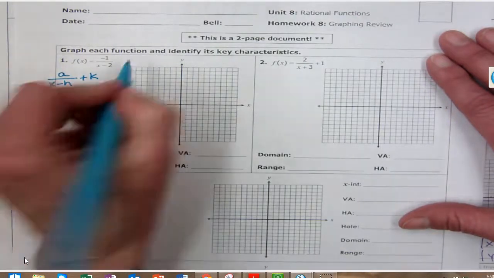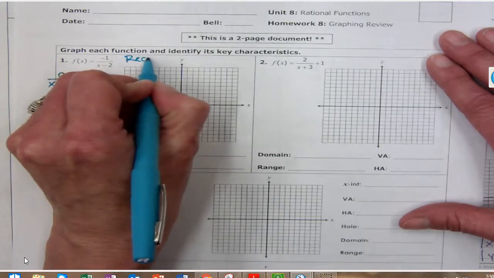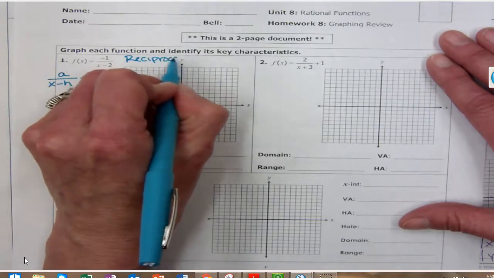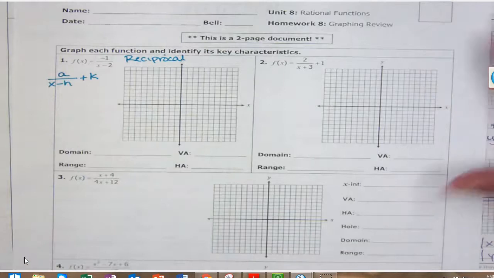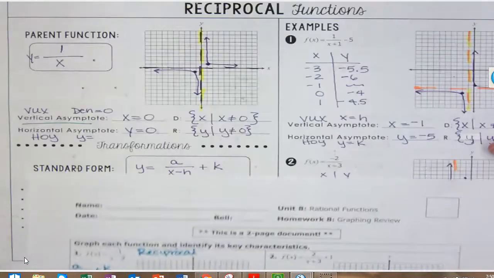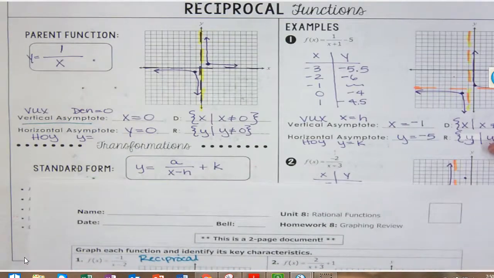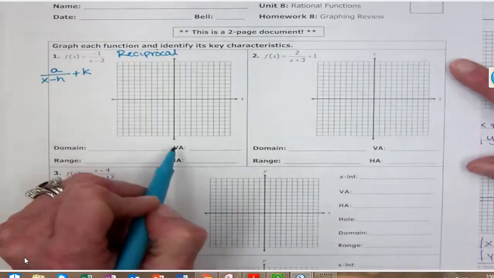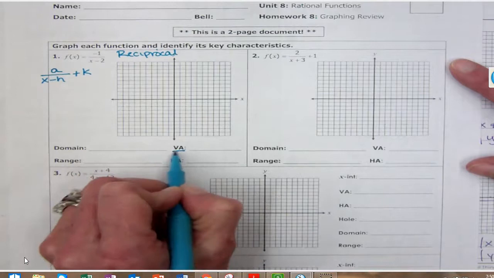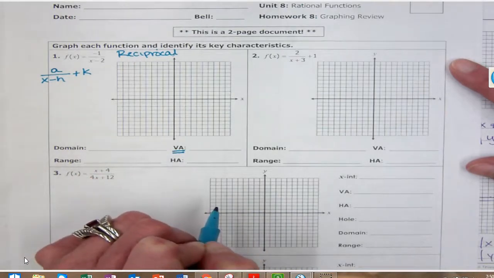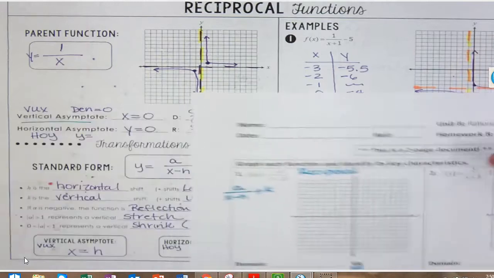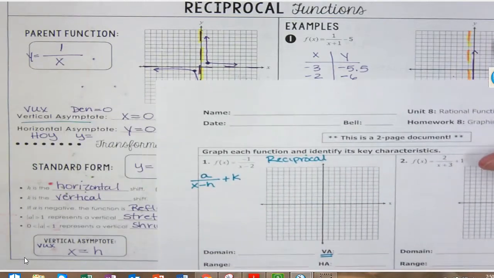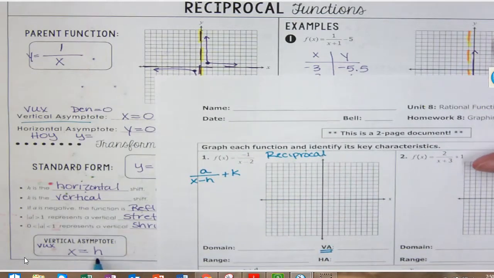I notice this is a reciprocal, so I'm going to use the reciprocal function side of my map. Then I need to know my vertical asymptote. Start with the vertical asymptote. I can look at my paper right here. My vertical asymptote is my h.